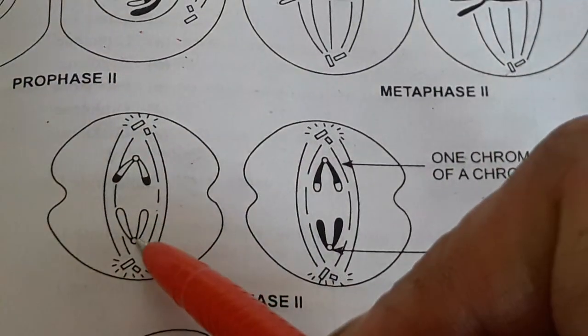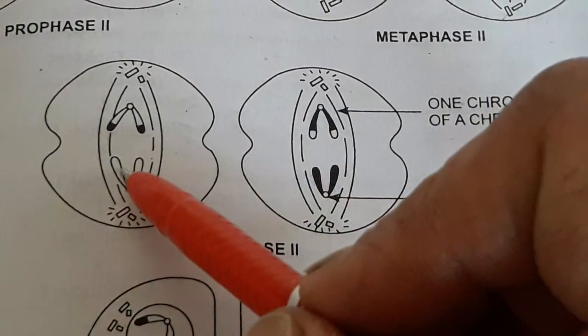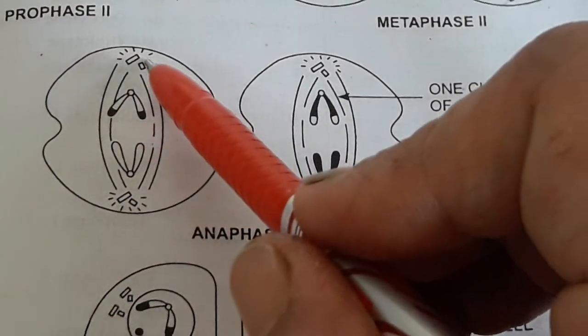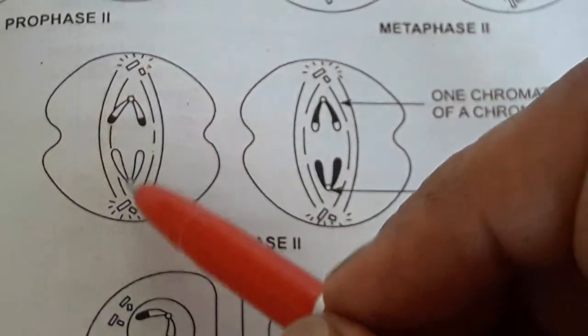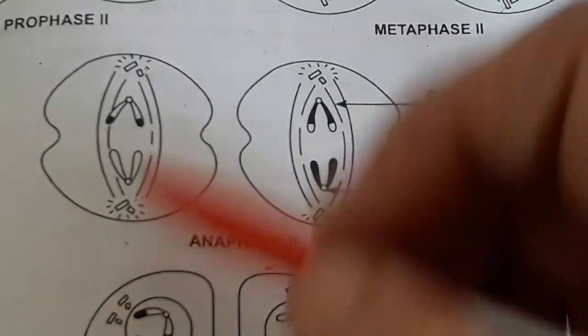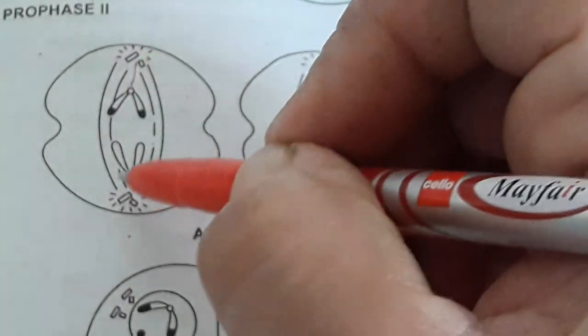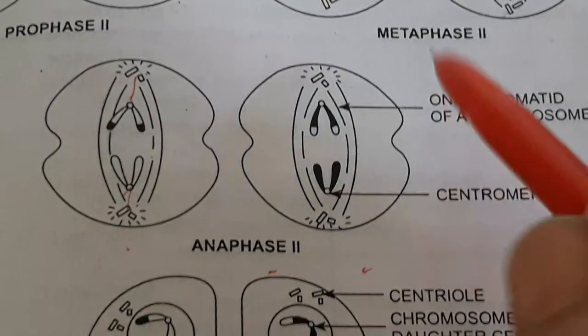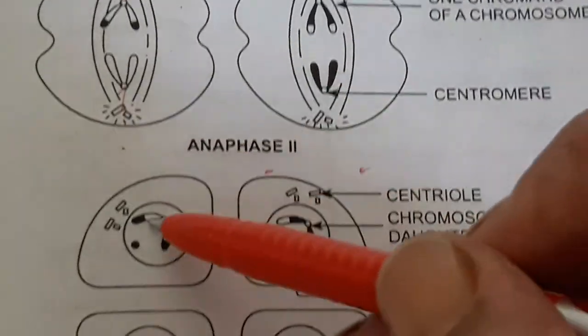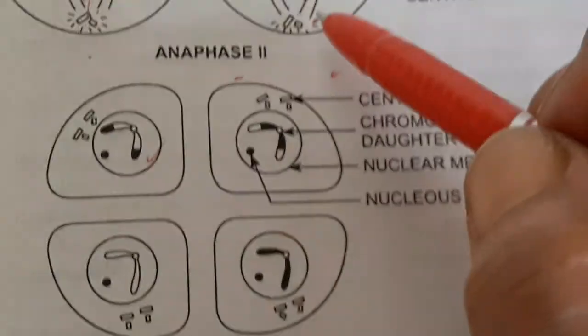Here the centromere will break into 2 parts, and they will repel towards the opposite poles. The centriole, which forms the spindle apparatus, and the spindle fibers will bring the chromatids to the opposite poles. Okay, and after this the telophase 2 stage takes place.